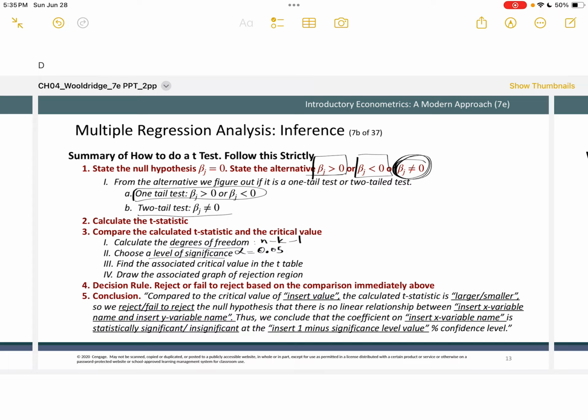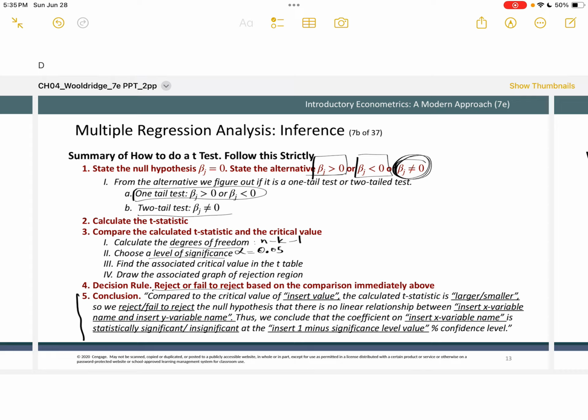If your test statistic is bigger than the critical value, you reject the null hypothesis. Otherwise, you fail to reject the null hypothesis. That's the decision rule: do the comparison and say whether you reject or fail to reject. And then you write a conclusion.